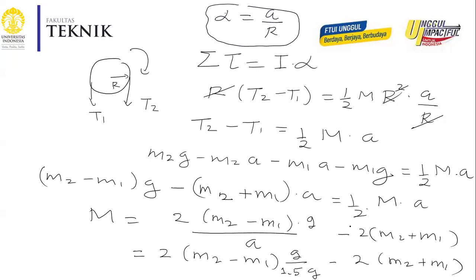The G is cancelled. 1.5 is 3 divided by 2, so this one is 4/3.